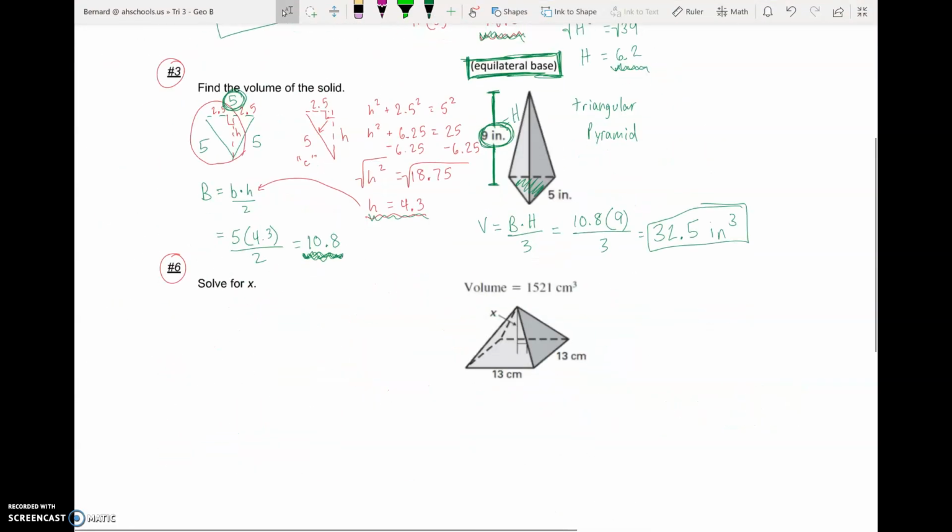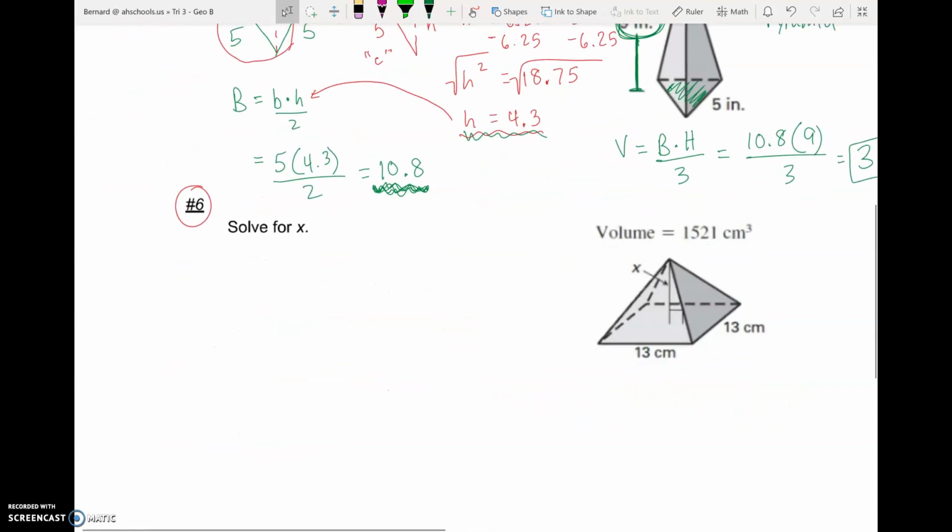All right, one more problem left. This time we're going to work backwards. Notice we want to solve for x. We are given some information about our base, and we are given what our overall volume is. And notice this x is the straight up and down height, right? And so x is what our big H is in our volume formula.